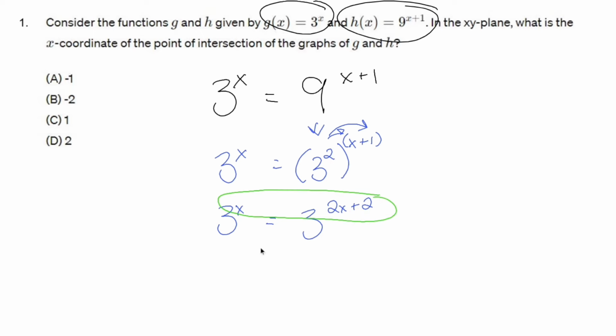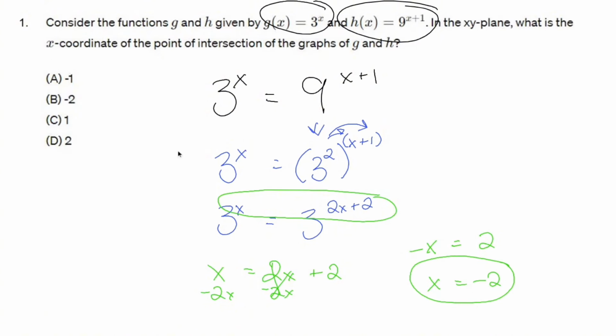So I have x equals 2x plus 2. Let's subtract 2x from both sides, giving me negative x equals positive 2. And if negative x is positive 2, then positive x is negative 2, because multiply by negative 1. And so the answer is B.